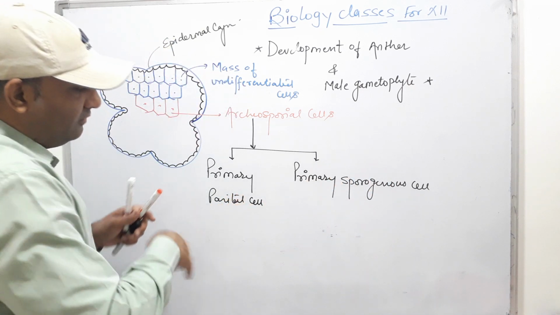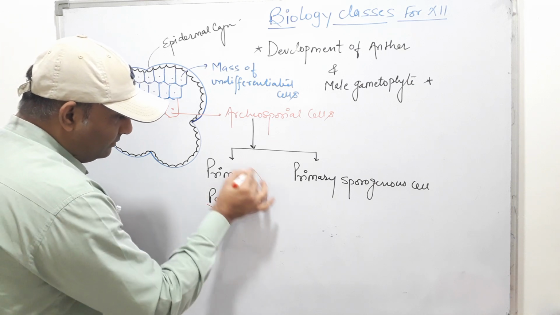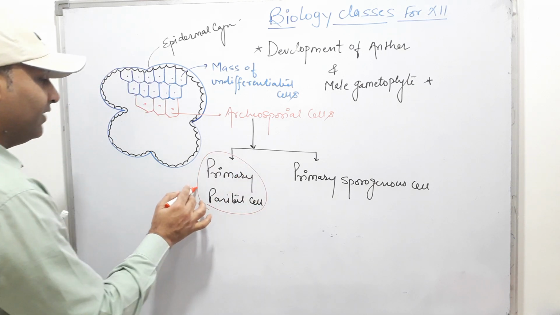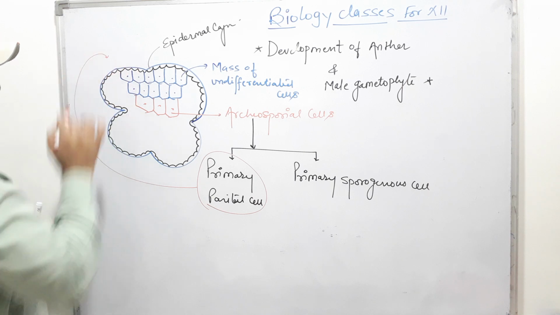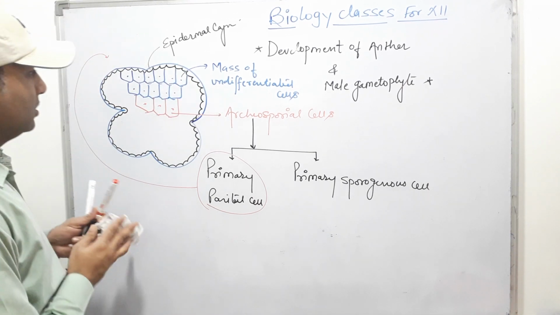It is a precursor of the next structure. That means the primary parietal cell further develops into the following anther walls.